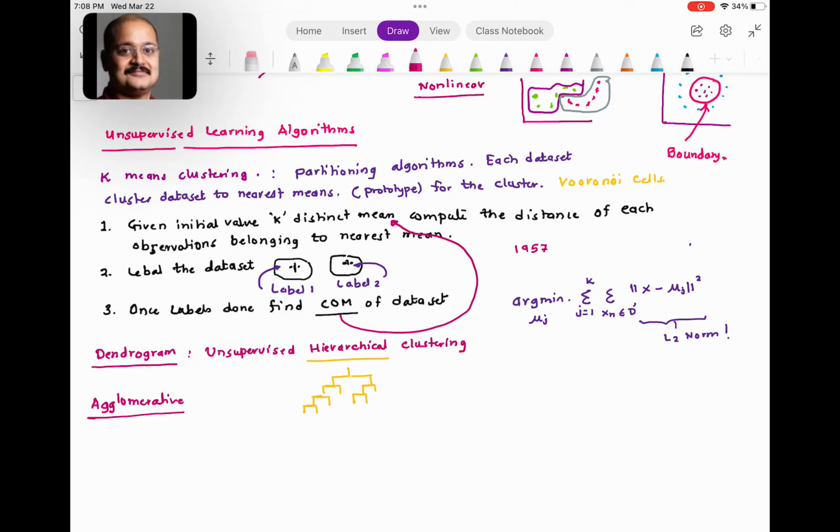Wherein what you do is each data point is considered a cluster. And you can have divisive. In divisive, what you have is all observations or all data points go to one cluster.